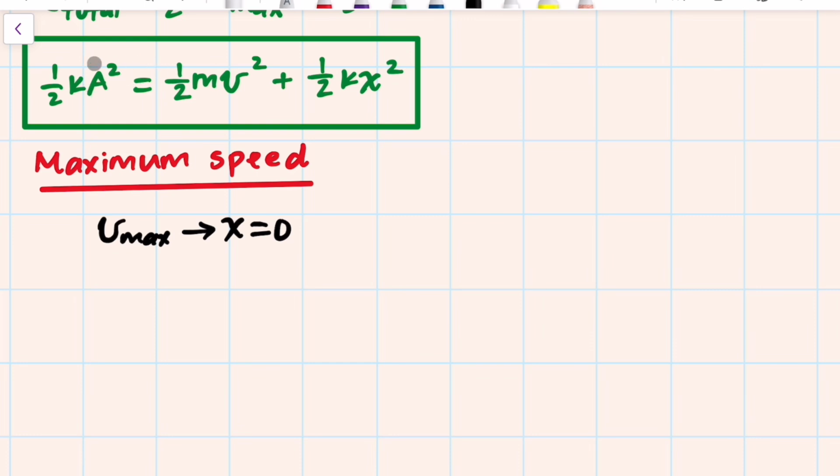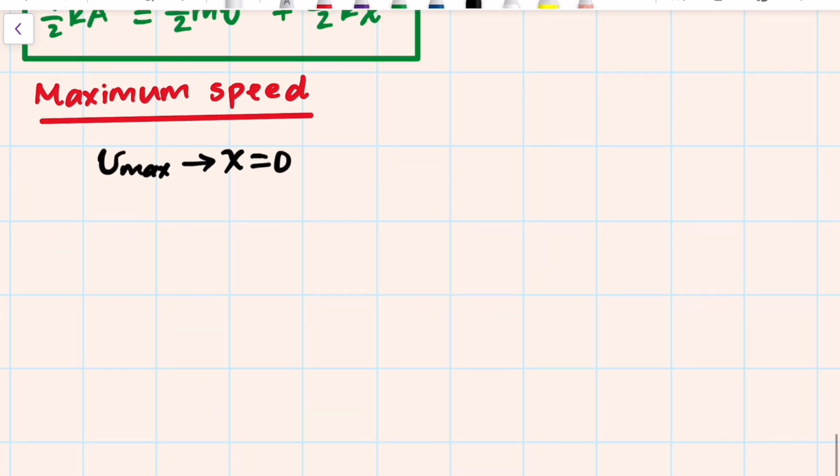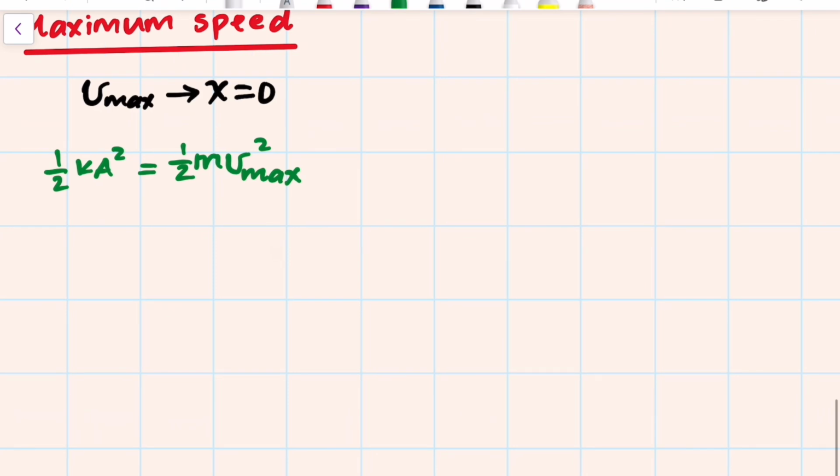Now this I'm going to leave as it is because this is the total energy, and we know energy is conserved, which means we'll have the following. So the maximum kinetic energy corresponds to the maximum speed, which in turn corresponds to the total energy based on the amplitude. Now let's solve for maximum speed, v max.